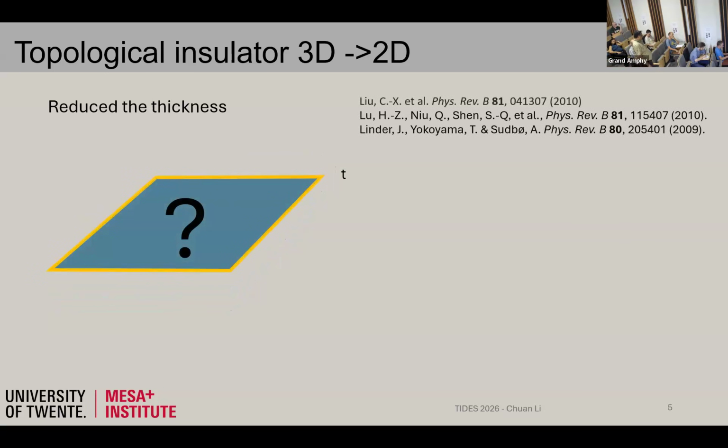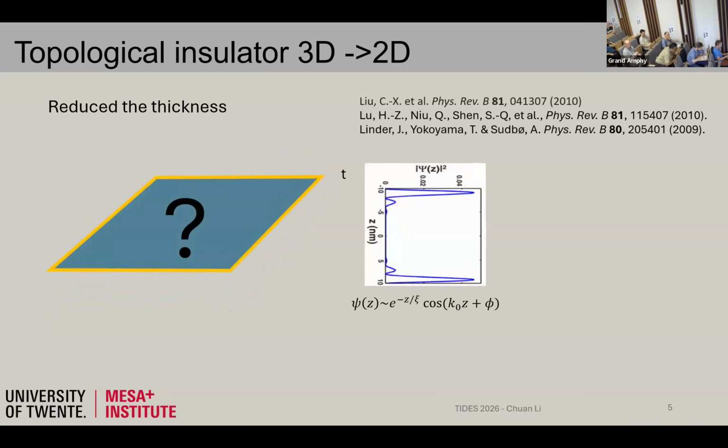I think a bunch of theoretical work has been done and shows that your topological surface state has this very interesting wave function, where the decay factor is a complex number, so that means they can alternate between positive and negative.